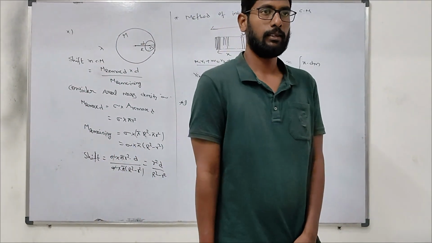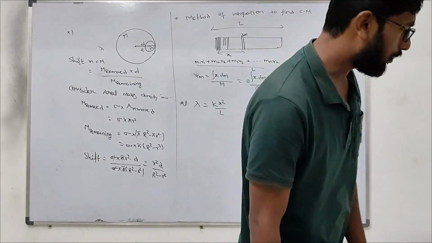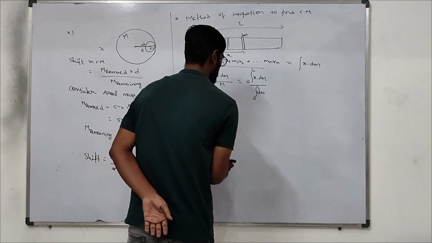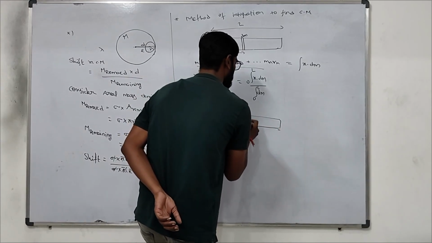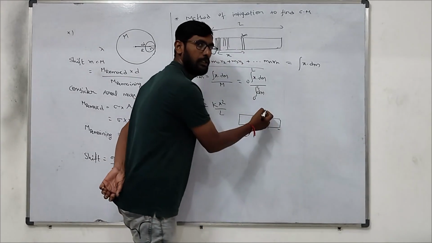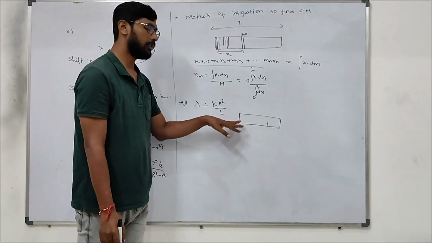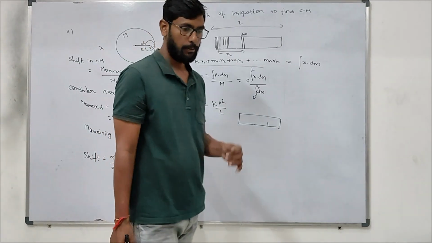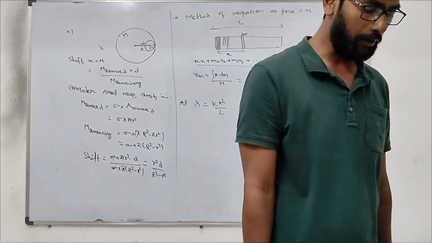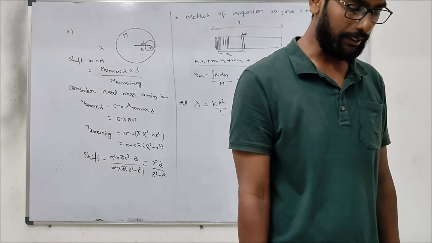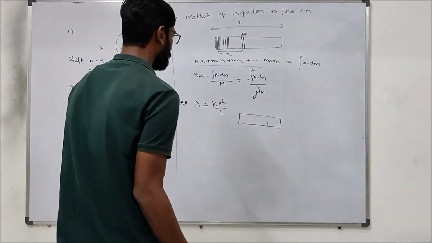That means mass is not uniformly distributed. It is a rod, but here you have different mass, here different mass, here different mass. Linear mass density varies like this, in terms of x square, where k is a constant, x is the distance of any point from the end. Find the distance of the center of mass from the end at x equals 0.